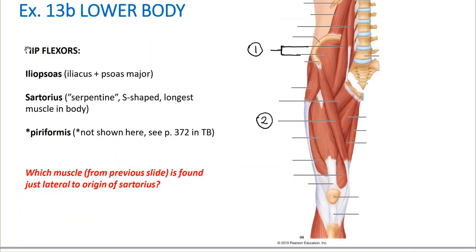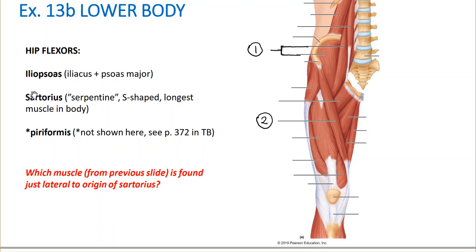Hip flexors, remember, these are going to cause flexion of the ball and socket joint in your hip. They're going to connect from your pelvic bone, or from somewhere up on your torso, down to your femur. Iliopsoas is a muscle where the insertion is the same, but the origin is different.